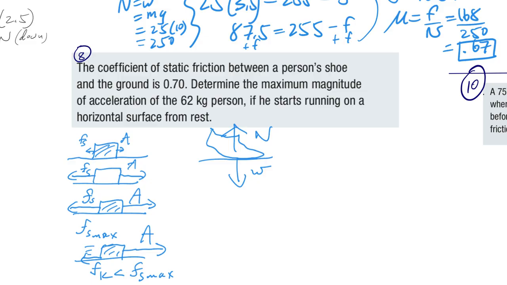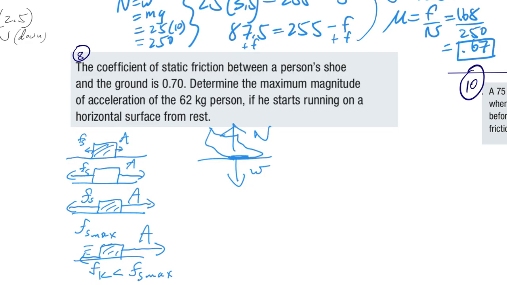So here we have a shoe, a guy's running, and hopefully his foot's not sliding over the surface he's running on. So let's say the fastest he can run with this friction between his shoe and the ground, he's going to run so fast that his force pushing against the ground will be equal to the maximum static friction.